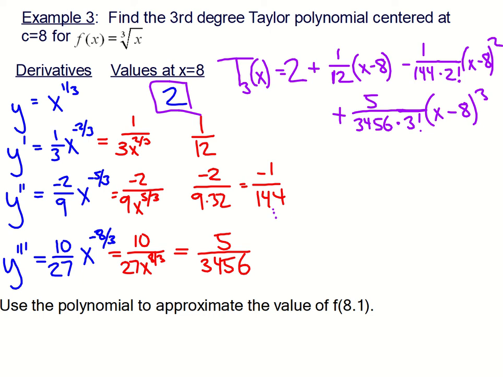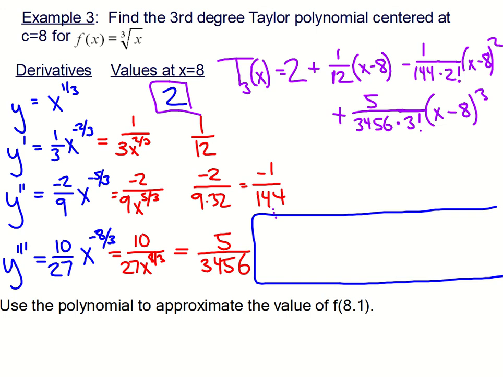If we simplify this, let's see where I have some room to do this. I'm going to try and get this all written right here. Then I would get that that would be equal to 2 plus 1/12 x minus 8. And then 144 times 2 would be the 288. So minus 1 over 288 x minus 8 quantity squared.